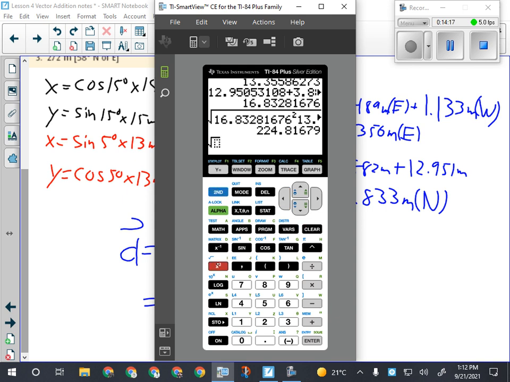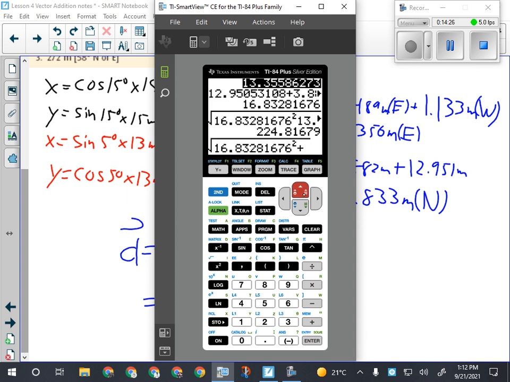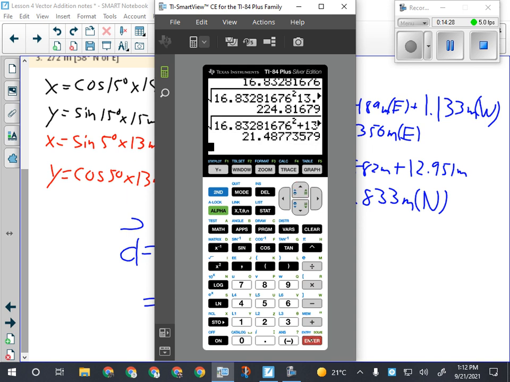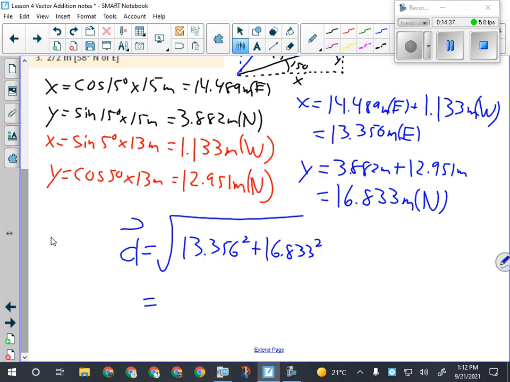Try that again. Plus, there we go. That number. Okay, so my overall displacement's magnitude is 21.488 meters.